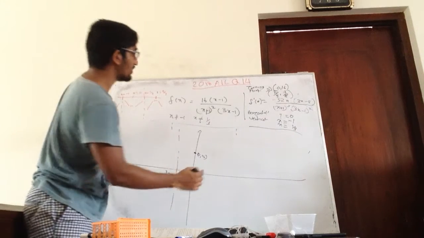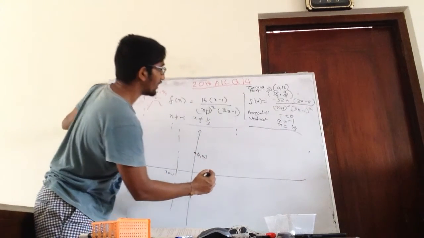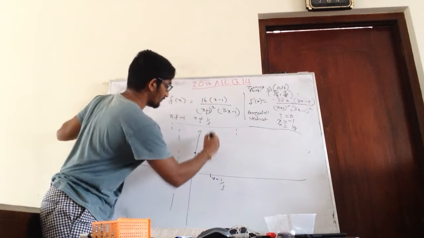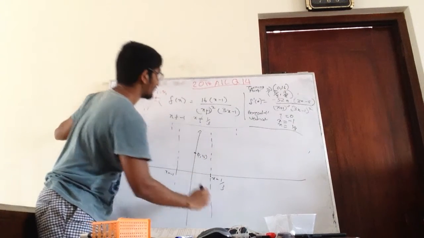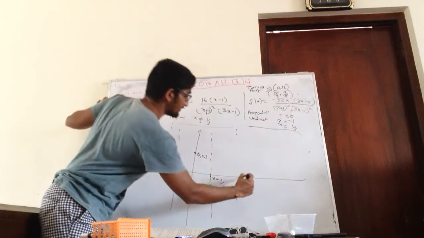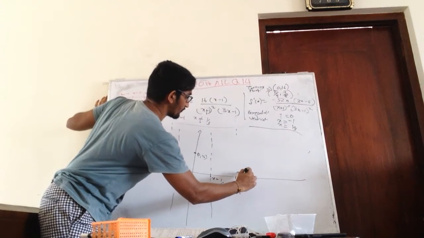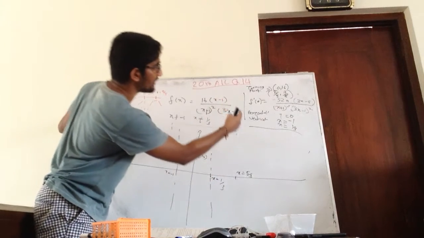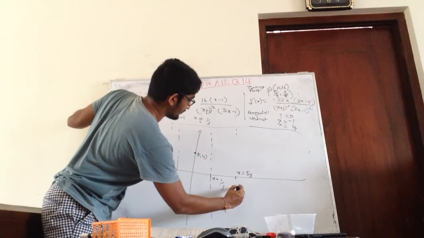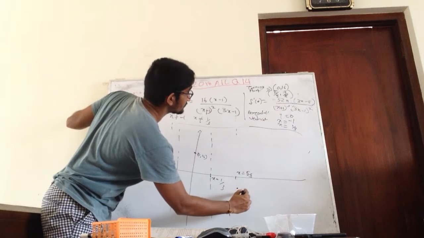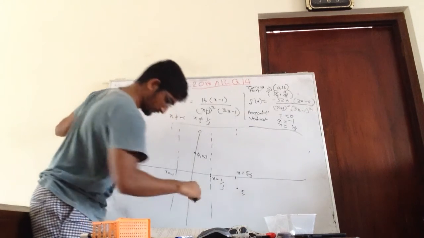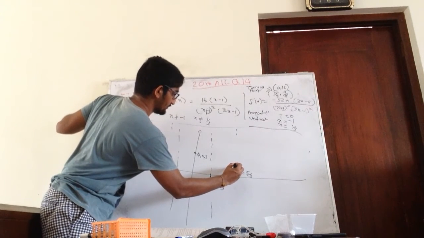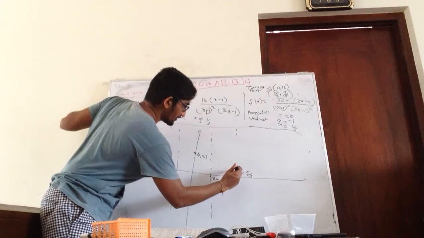Then there's x equals 1/3, which is also an asymptote. Then at x equals 5/3, the corresponding y value is positive 3/8. So let's put it somewhere like this.